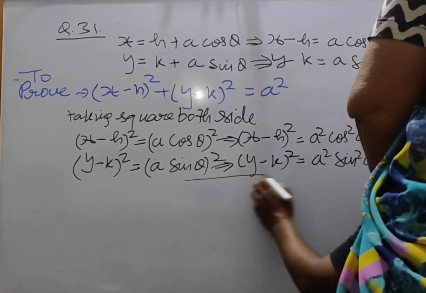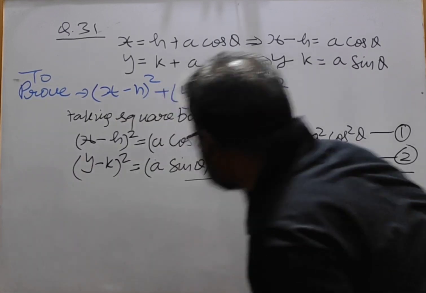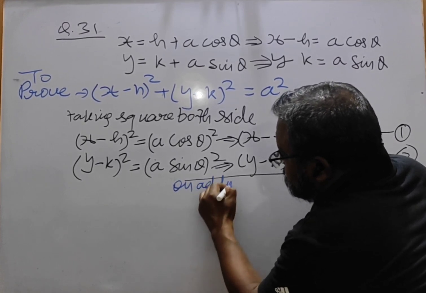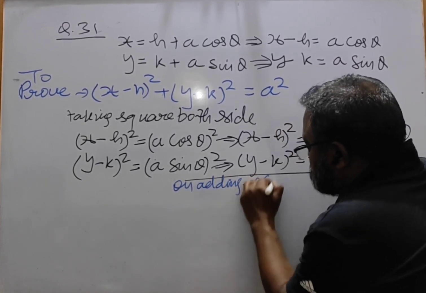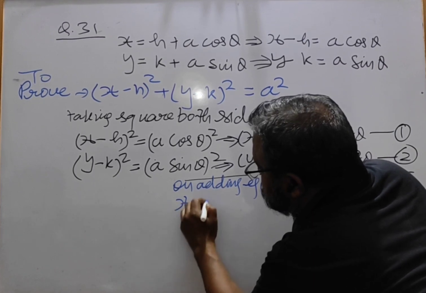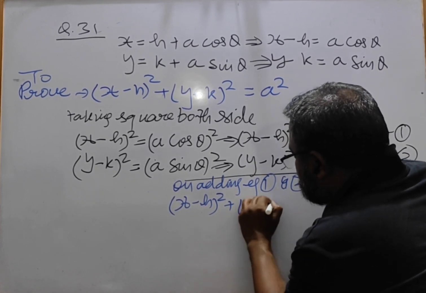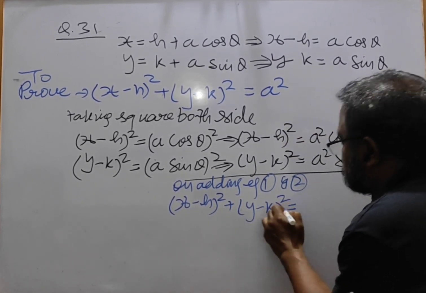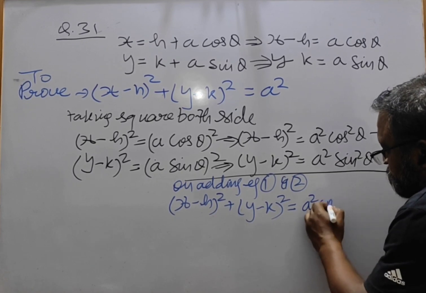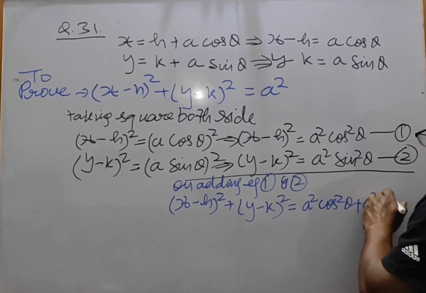Now on adding equation 1 and 2, (x minus h) whole square plus (y minus k) whole square is equal to a square cos square theta plus a square sin square theta.